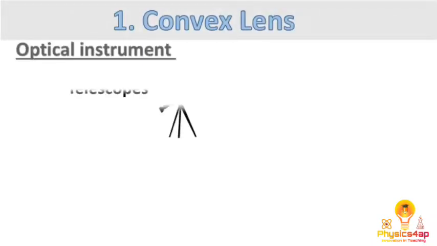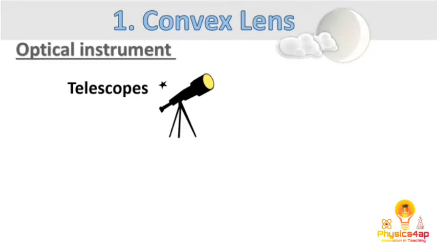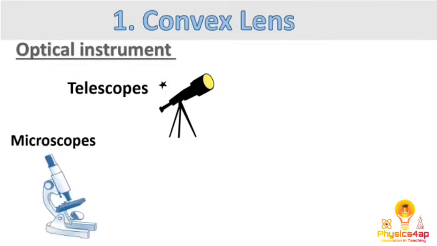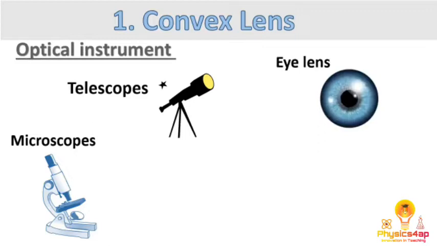It is used in optical instruments, such as telescopes, to view distant objects like the moon and other celestial bodies, magnifying them a little bigger. It is also used in microscopes, to magnify microscopic objects with the help of the convex lens.